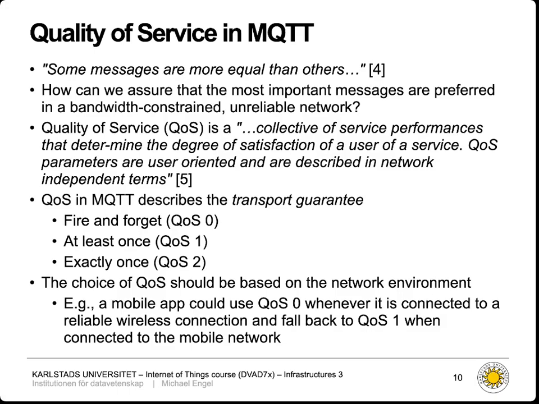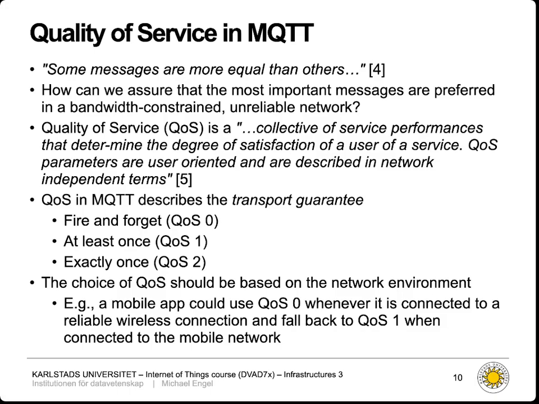So if we go to something concrete from this very abstract description of quality of service, it just means we have different priorities for messages, and these different priorities can have different semantics. For some messages, when we send them out, our broker should guarantee that they arrive. And for some other messages, we just send them out.